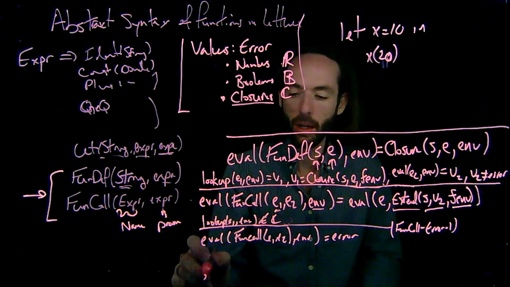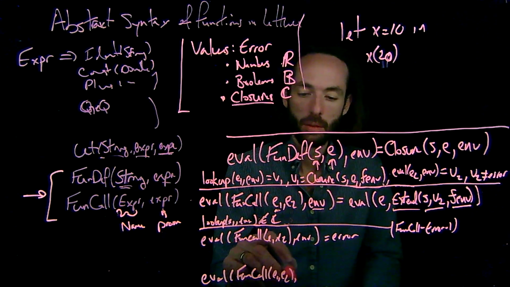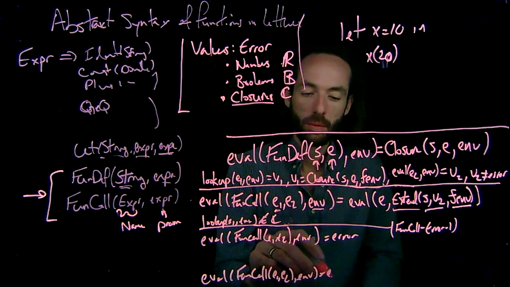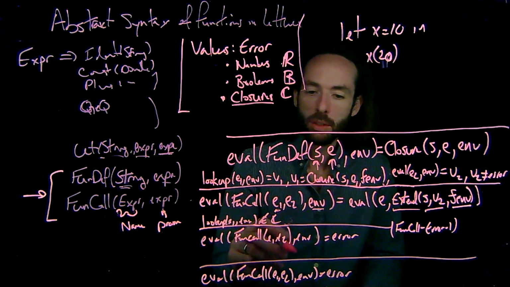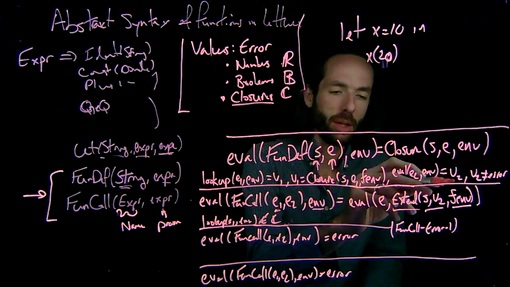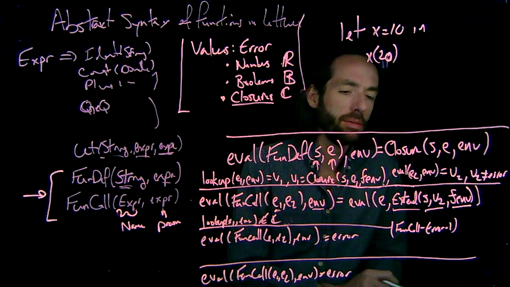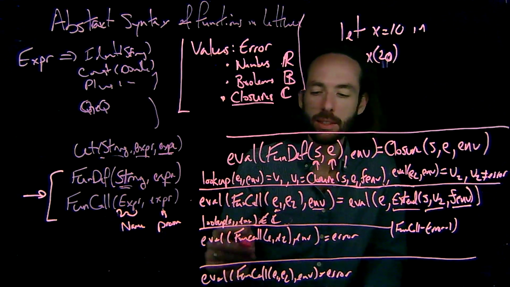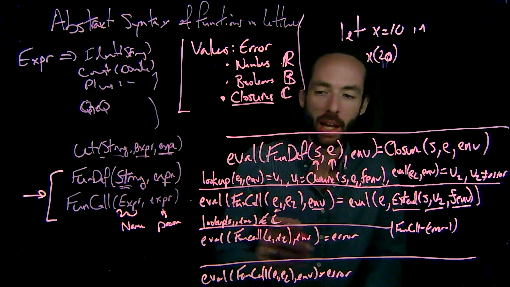When else should we throw an error? Well, we could do this lookup and still get a closure. And now we evaluate E2 under our environment, and we get an error. That's the only other real case here, the only other thing that we said would be bad if that happened.